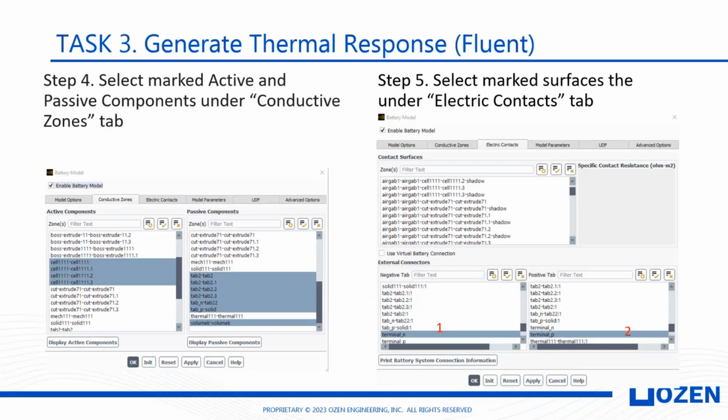Next step, in the second tab, we're going to go to the conductive zones, and we're going to mark our 4 cells. Remember, we have a 4S1P configuration. Then we're going to tag the passive components where we have Joule heating, and then define our electric contacts.